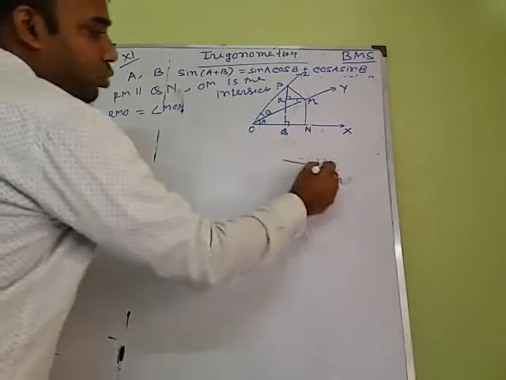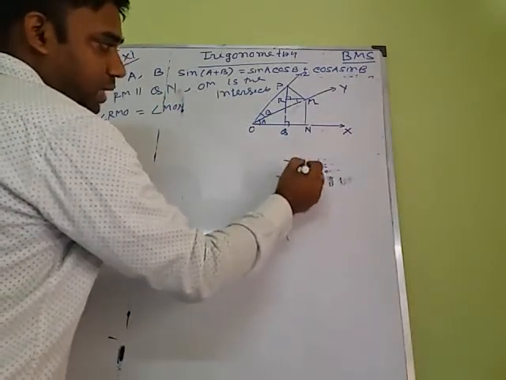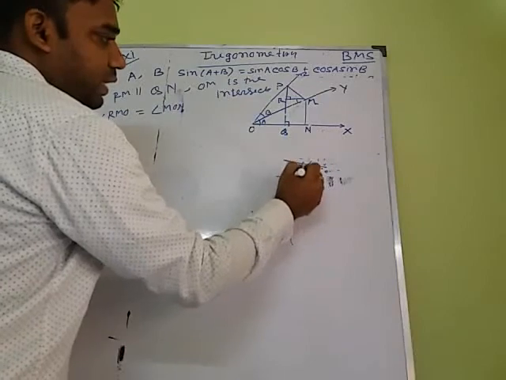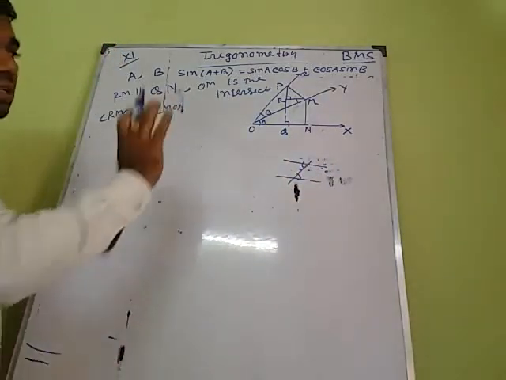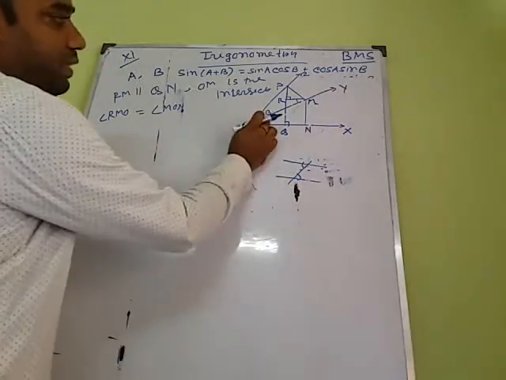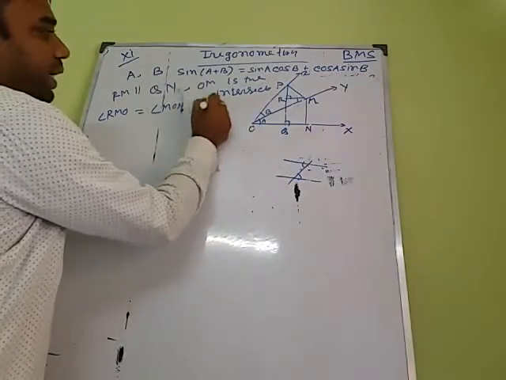Why? Because these two lines are parallel with this transversal, these are alternate angles, so they must be equal. And this angle MON is A, so angle RMO must be A.